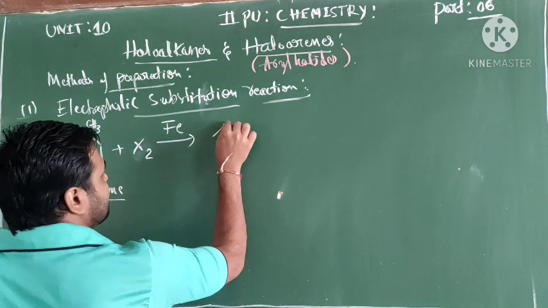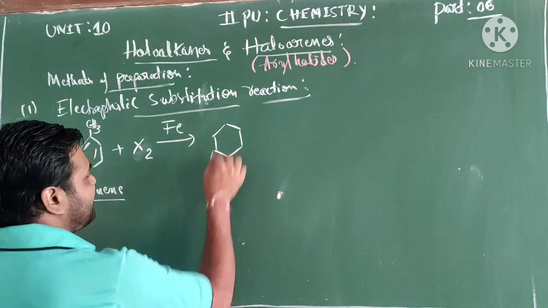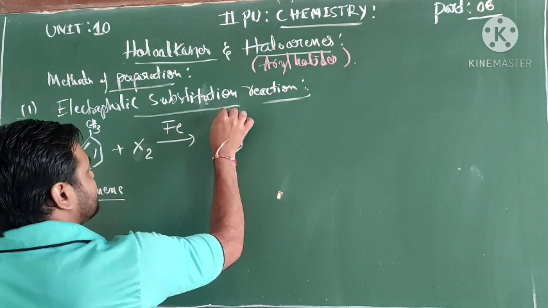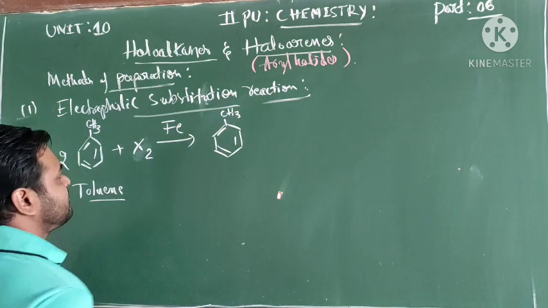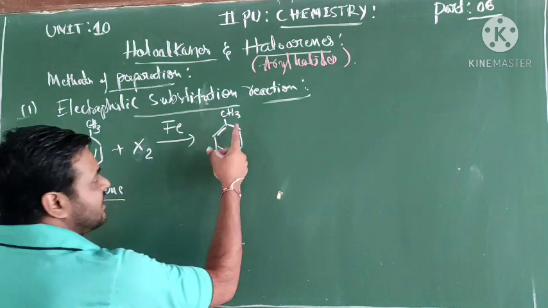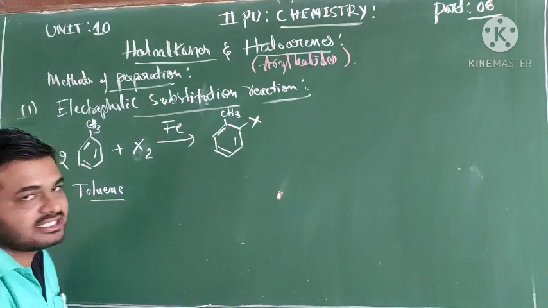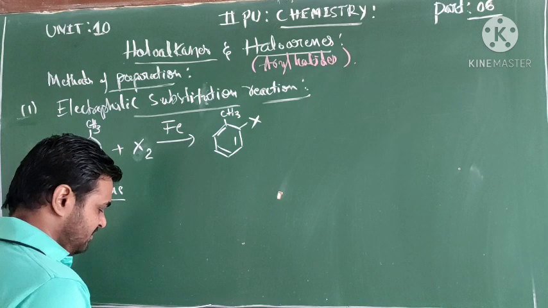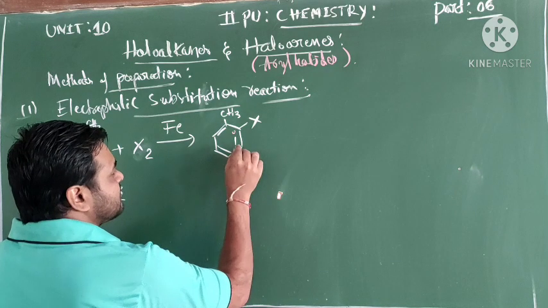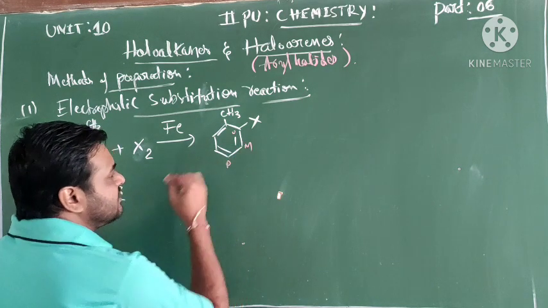In this case, two products appear. With CH3, one halogen is attached at this position, which is called ortho. This is meta, this is para.